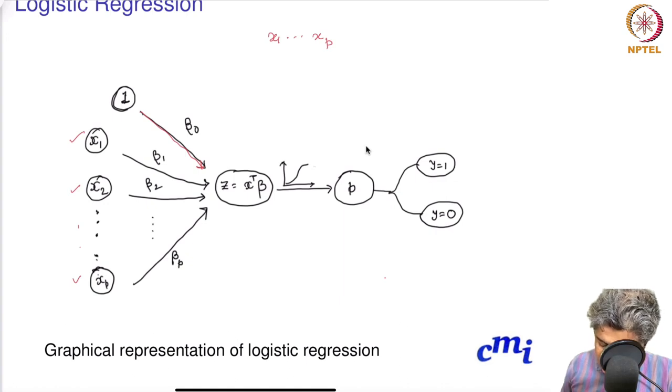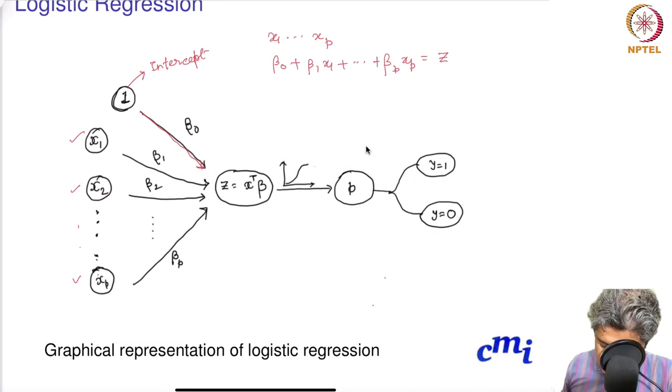If I multiply them with their weights, with beta naught being the intercept, I get beta naught plus beta 1 x1 plus dot dot dot beta p xp, let's call it z.